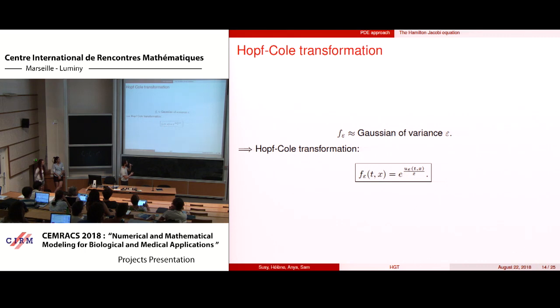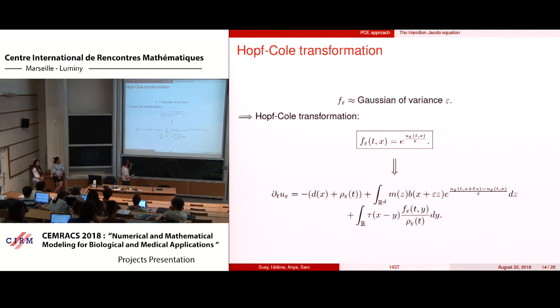We don't compute F anymore, but U, which is kind of an exponential singularity, or I don't know how to call this. But as we expect F to be a Gaussian of variance epsilon, it should be convenient to consider this function U. And the equation that U satisfies is this one.